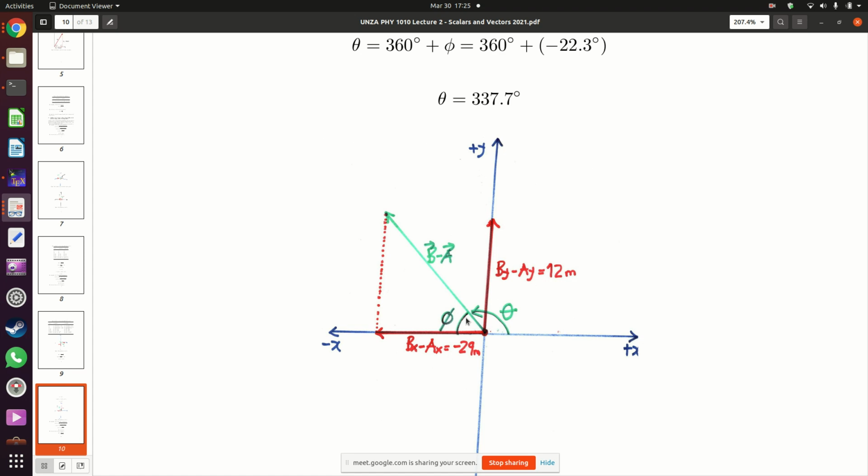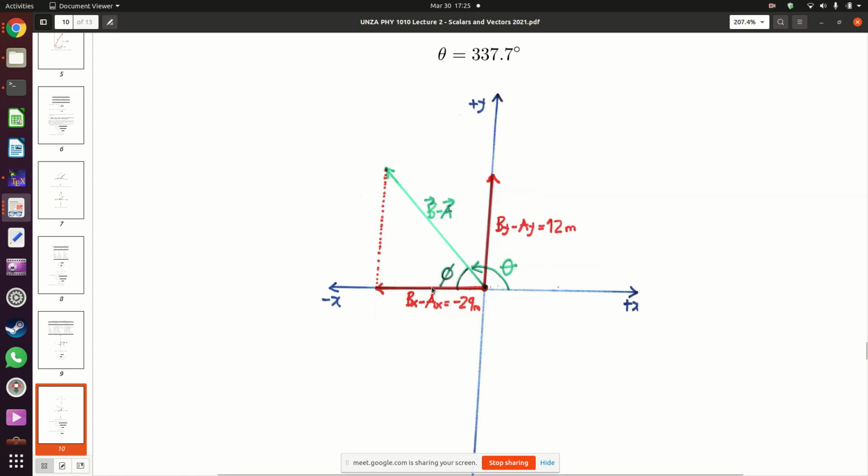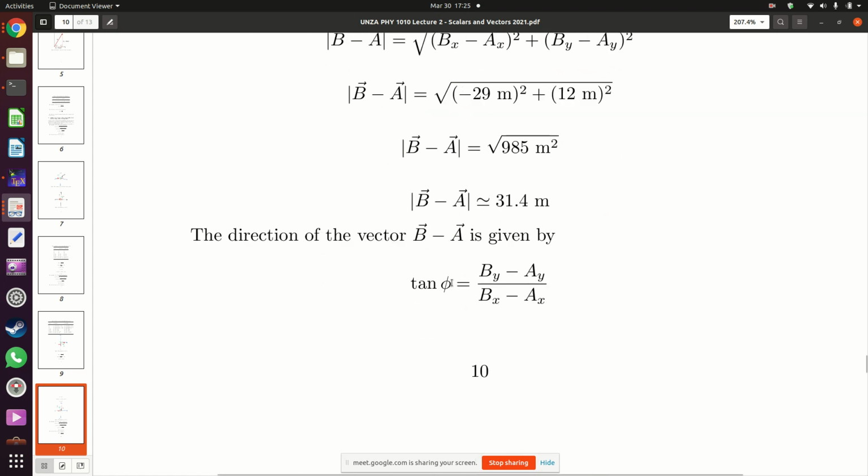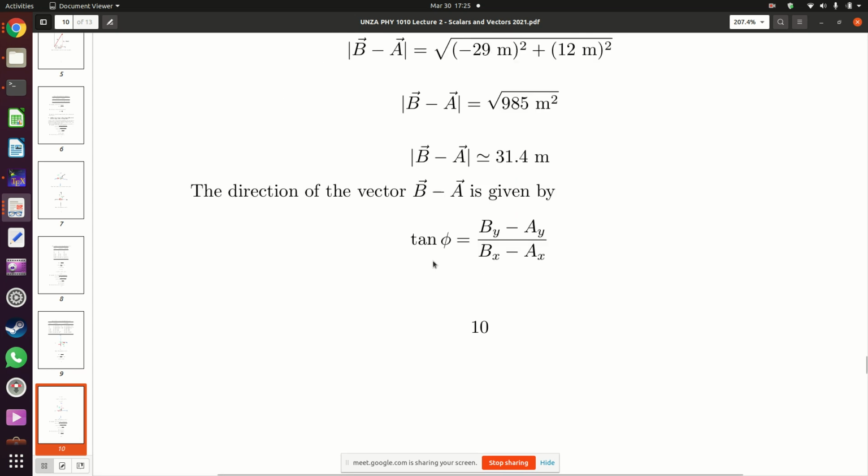As we are going to see when we work out phi, it is going to come out negative, because we are using the relationship that the opposite divided by the adjacent is the tangent of phi. If the opposite is 12 meters and the adjacent is minus 29 meters, we expect phi to come out negative.